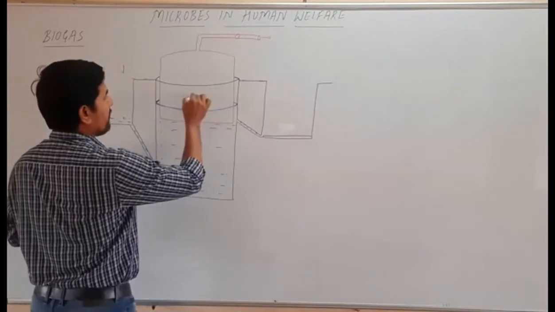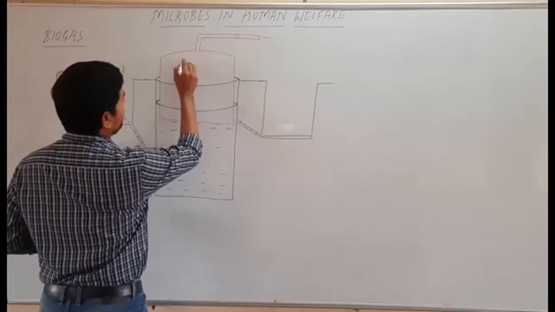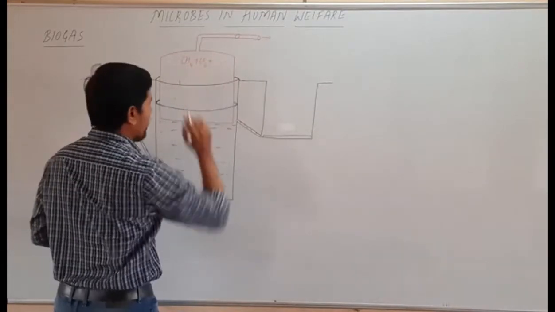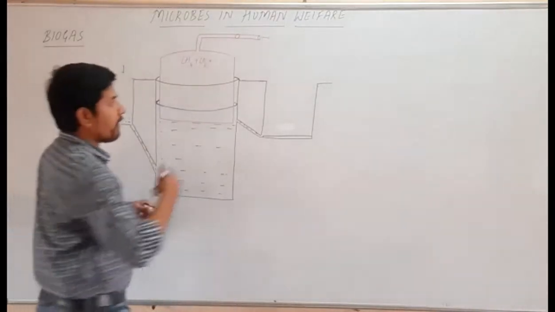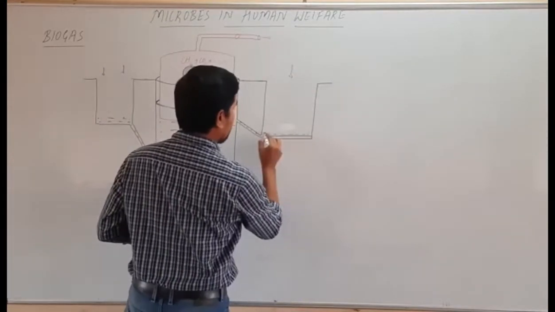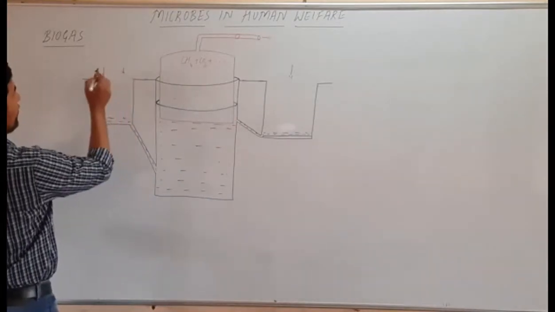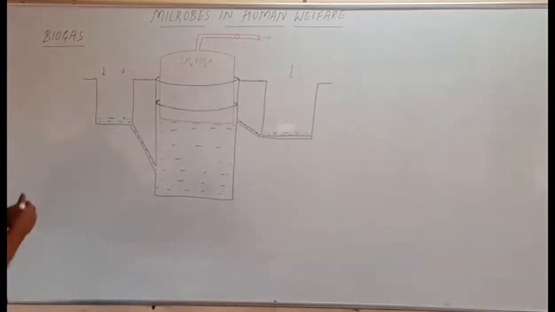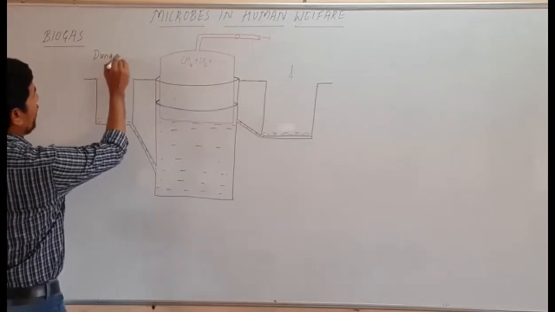And here we have the gas, mainly CH4 plus CO2 plus other gases. Here this is called an inlet. Here it consists of dung and water.